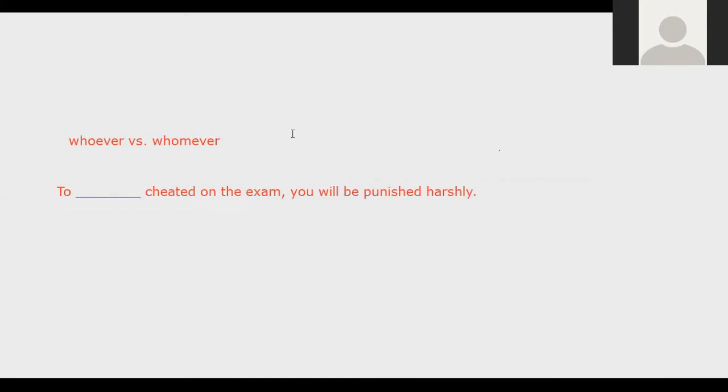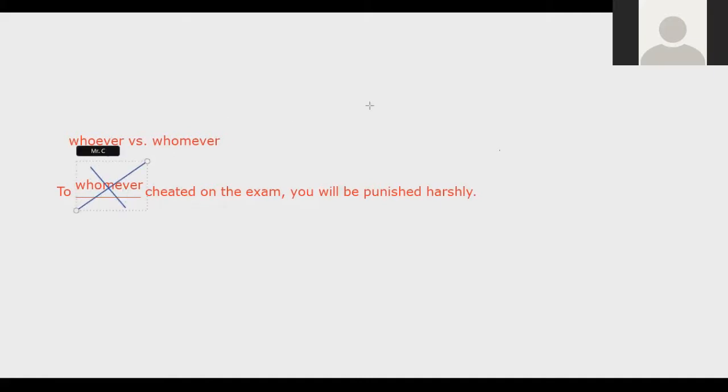A lot of people would say whomever, because to some it sounds more correct, and because to is a preposition, they're like, oh, let's just use the objective case. But that's actually wrong. And I'll tell you why.